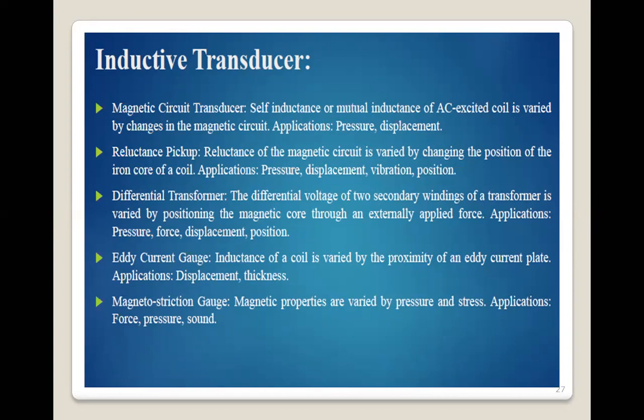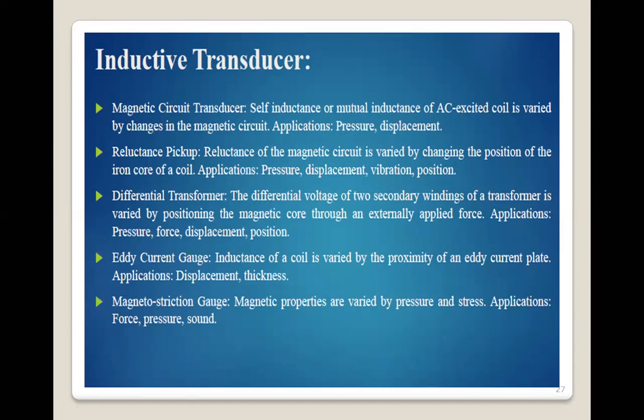One of the most popular inductive transducers is the LVDT, the linear variable differential transformer, based on the differential transformer and used for the measurement of displacement. When the core is moving, it indicates the change in the core and converts it into an equivalent electrical AC voltage.